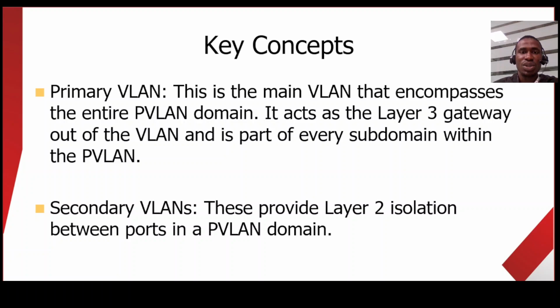So, key concepts: the primary VLAN. This is the main VLAN that encompasses the entire PVLAN domain. It acts as a layer 3 gateway out of the VLAN and is part of every subdomain within the VLAN.